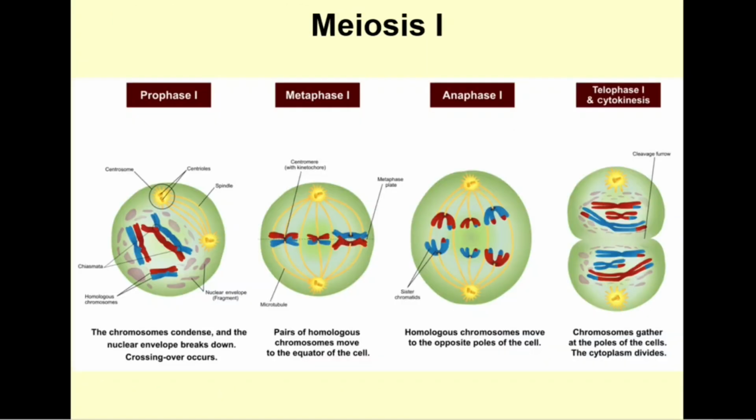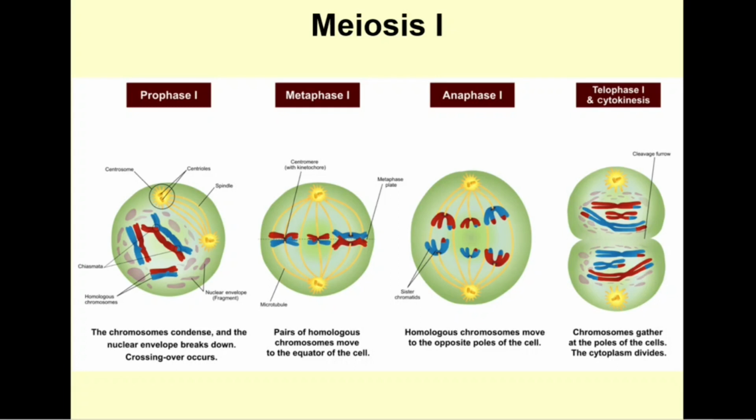So next we want to have a look at where the genetic variation is introduced. What we can see on the diagram here are the stages of meiosis I. Before meiosis I begins, remember, we have the parent cell that undergoes interphase.